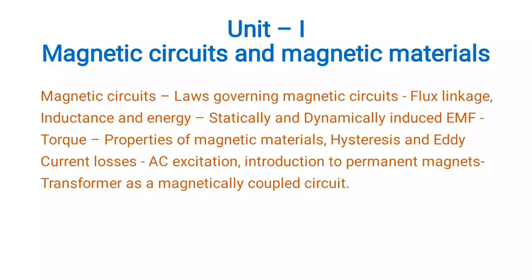We have different materials and we have to find the properties of magnetic materials, hysteresis and eddy current losses in that particular material, and excitations, AC excitation, and introduction to the permanent magnets. Then transformer as a magnetically coupled circuit.